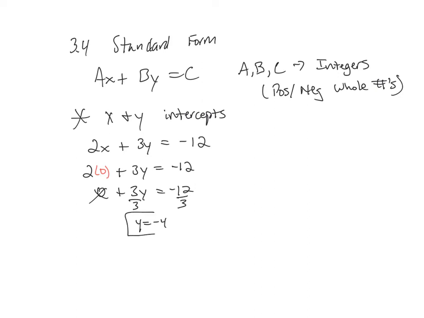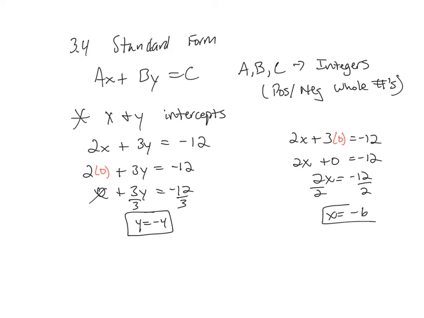So I have a y-intercept of negative 4. And then I do the opposite. Plug in 0 for the y part. So that again is a 0, which doesn't change anything. Okay, so my intercepts are y is -4 and x is -6.